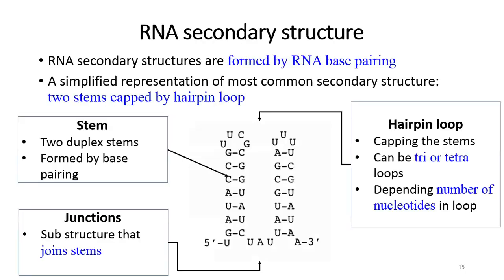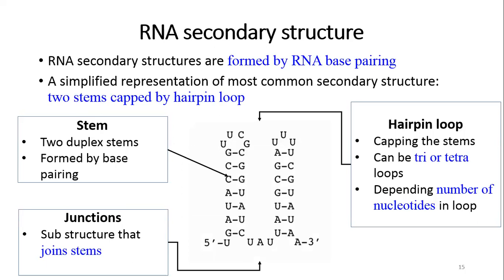Say for example, RNA secondary structures and how they are formed by base pairing and so on and so forth. So to begin, let us talk about RNA secondary structure. In case of protein, you have very intricate secondary structures available.